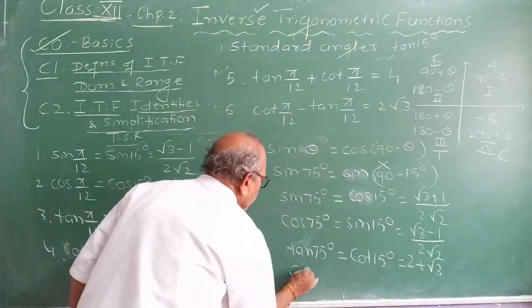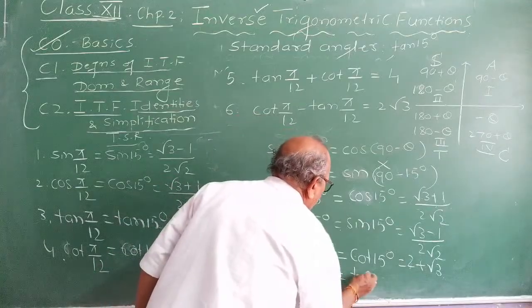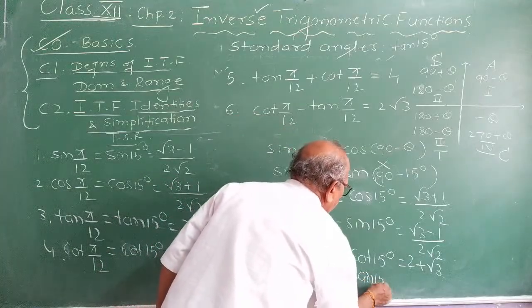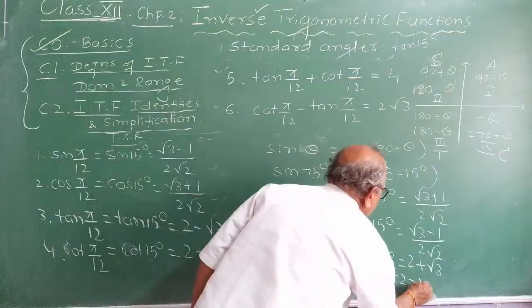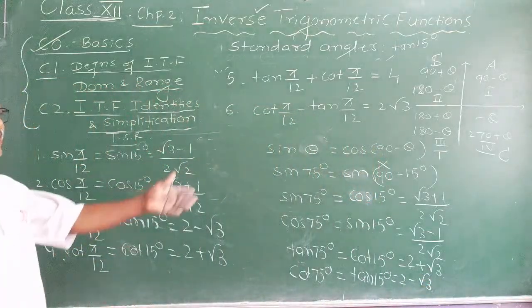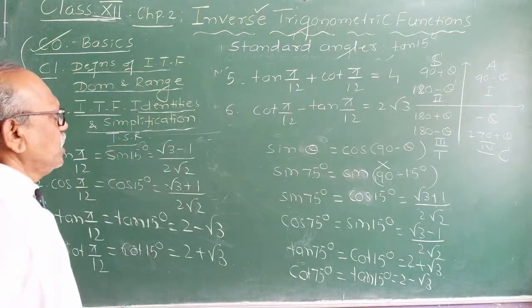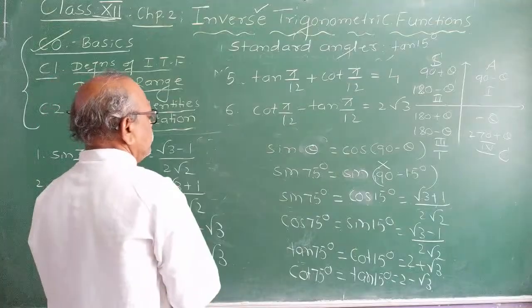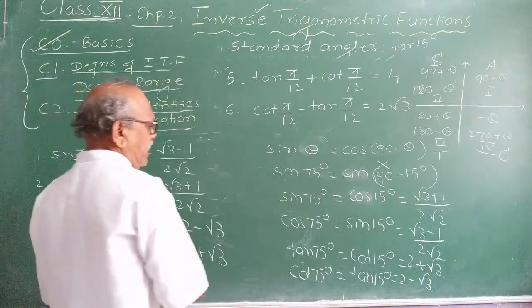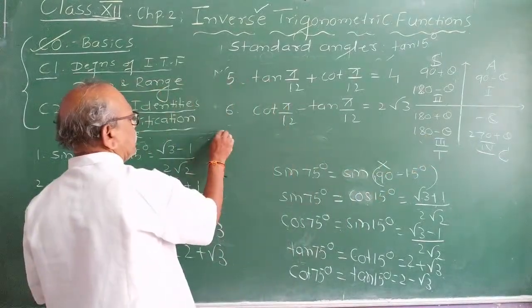Similarly, cot 75 degree is equal to tan 15 degree. What is tan 15 degree? It is 2 minus root 3. These are called complementary angles. 75 degree is the complementary angle of 15. Now you can add the seventh identity, seventh in the list.